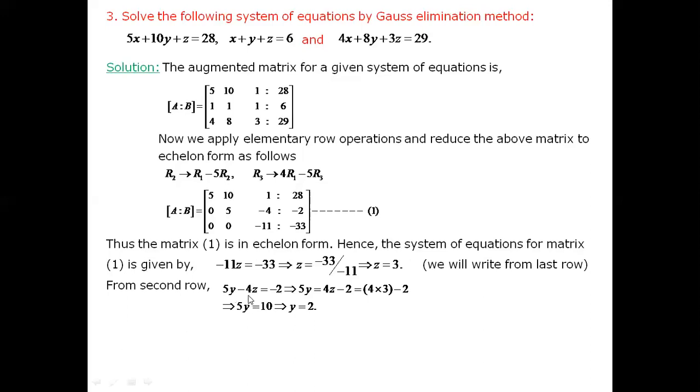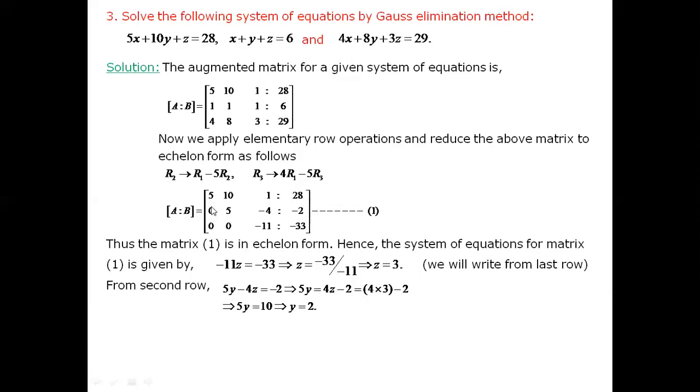So 5y equals, take this to the RHS, it becomes plus 4z minus 2. Now 4 into z, z is 3. So we get 4 into 3 minus 2. This is 12 minus 2, 10. So we get 5y equals 10. Then y is 10 by 5, 2. So this is the value of the second variable.